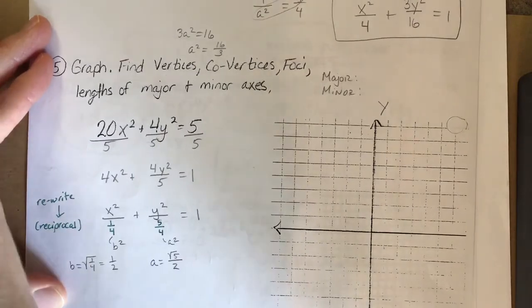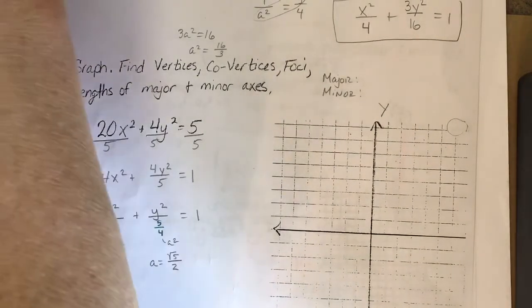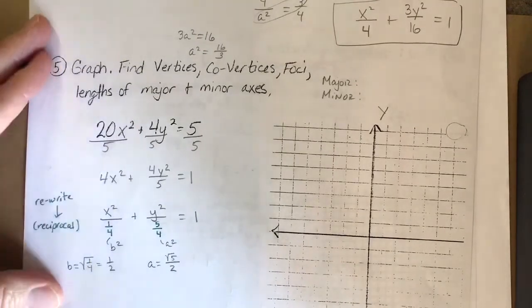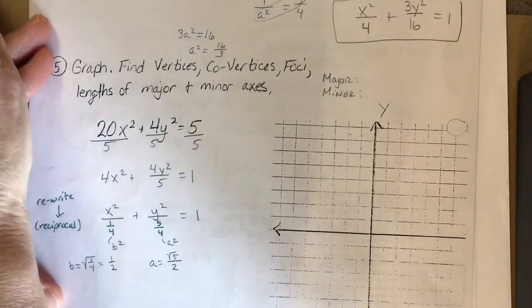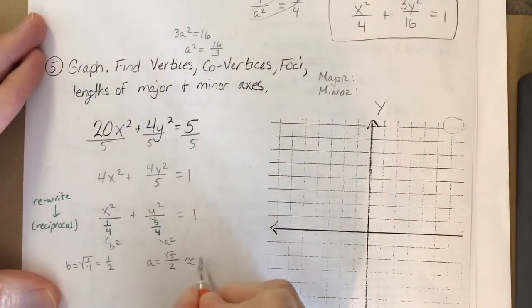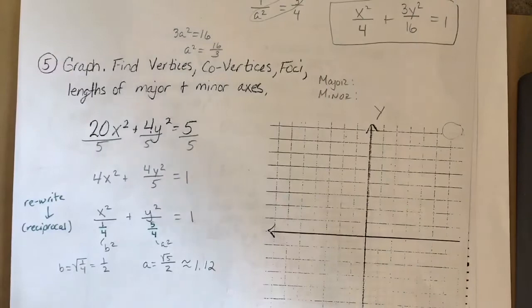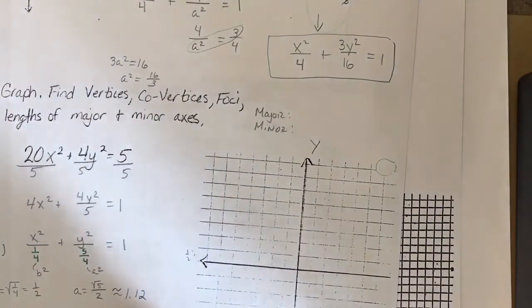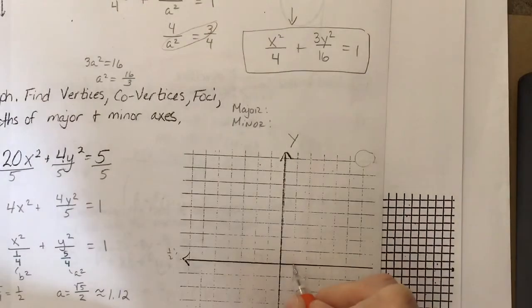What is the square root of 5 divided by 2? It's about 1.12. So I'm going to graph this. Maybe I'll go by halves. B is half. Why is it major?